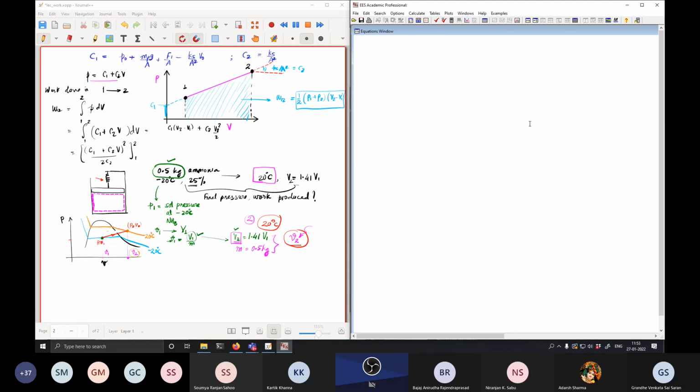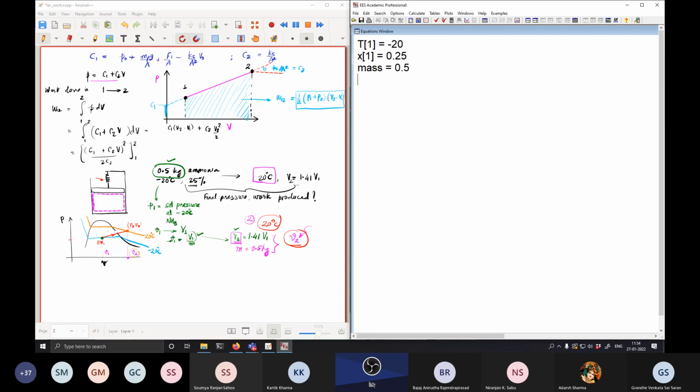So the first state, let us say we know what T1 is, and T1 is minus 20 degrees Celsius. The quality X1 is 0.25. The mass in the system is equal to half a kilogram. First things first, we will figure out the saturation pressure.